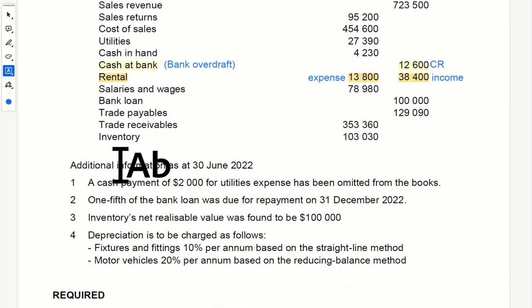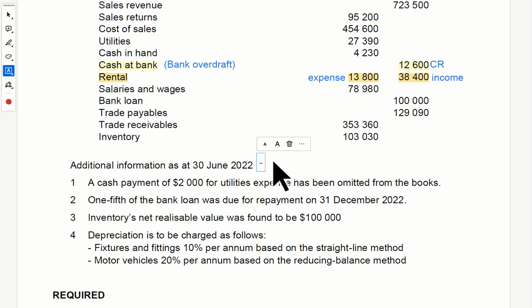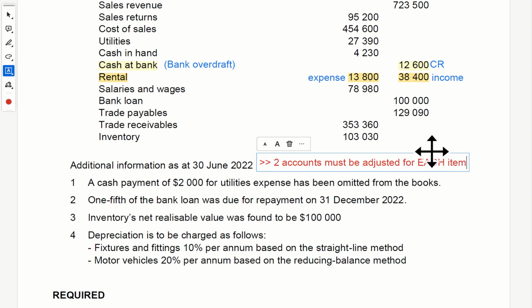After that, I look at the additional information and I have to remember that for each additional information, two accounts must be adjusted. Two accounts must be adjusted for each item.